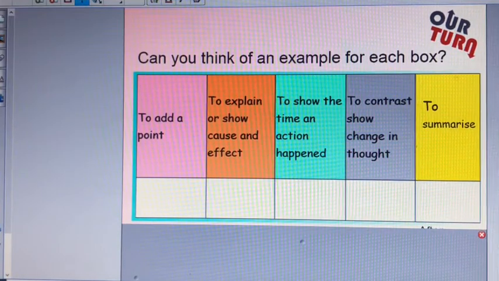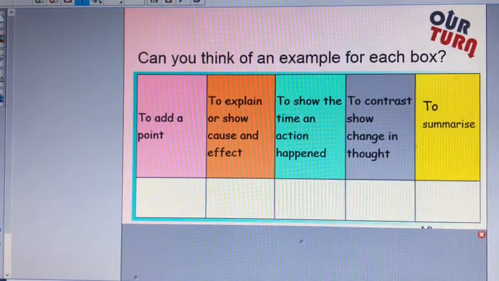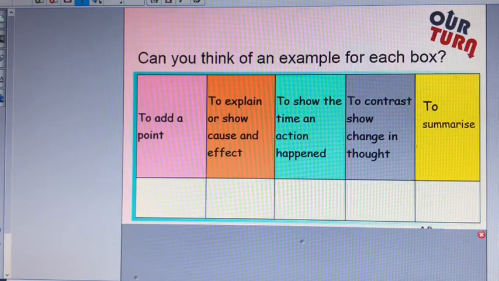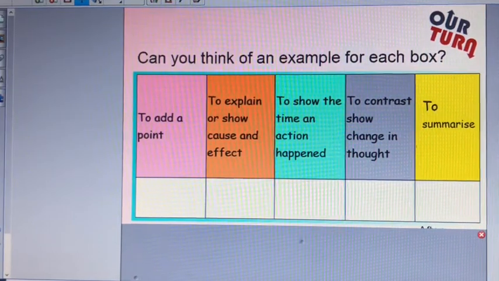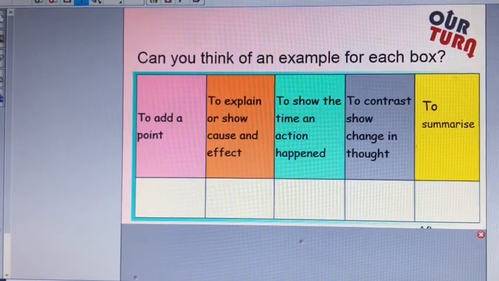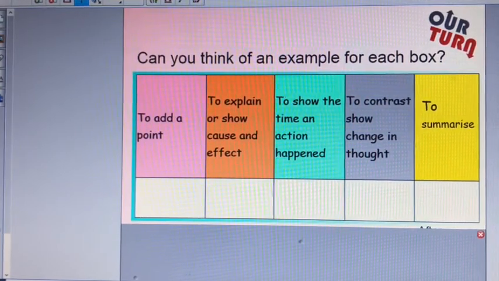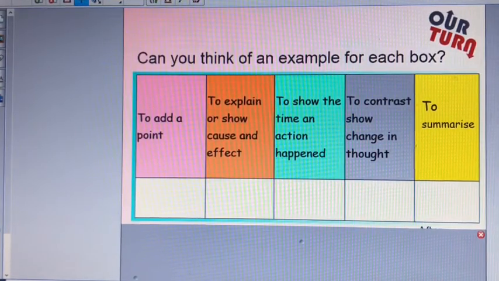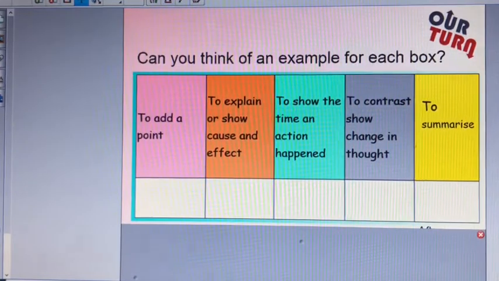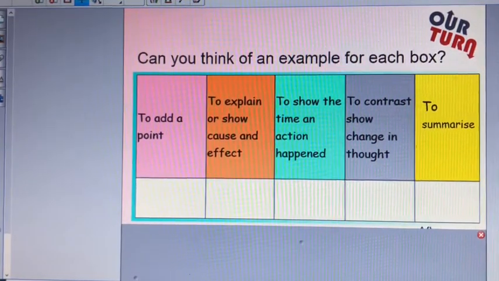We've got our causal or cause and effect conjunctions which explain or show the consequence of something. We have conjunctions that show time or when something has happened, which can also overlap with adverbials of time too. We've got conjunctions to show contrast, to show change in thought, to show that something is different, and we have conjunctions to summarise.